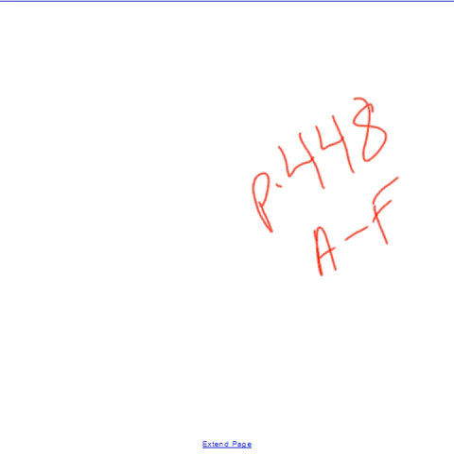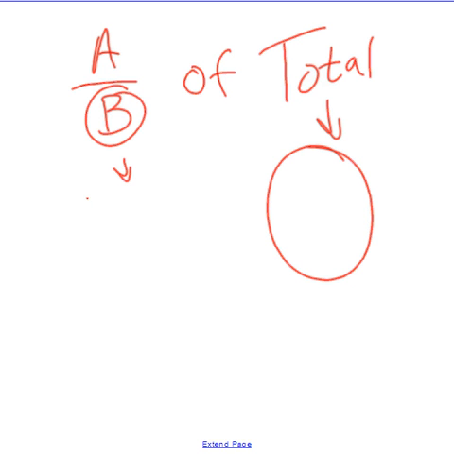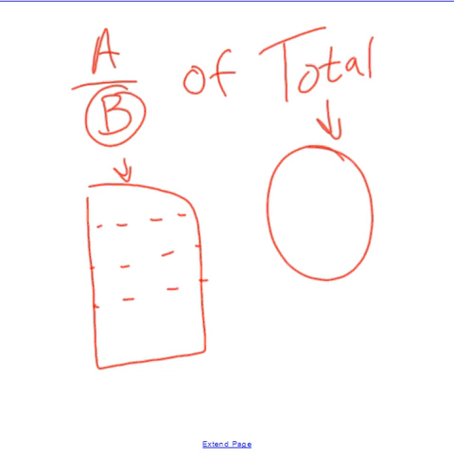Take a look at your practice. Our practice is on page 448. We have letters A through F, and you need to remember that when you're given a fraction of a total, we need to take our total and put it in our bubble, take our denominator and split that up into however many parts it may be.